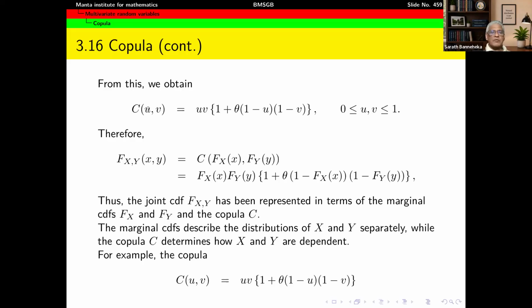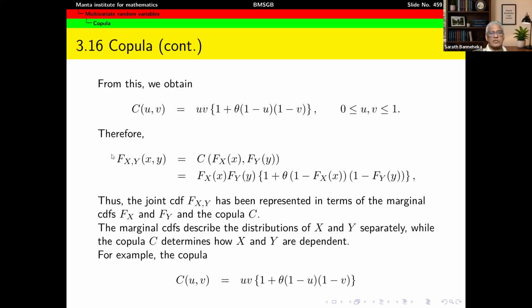Now, for example, u is Fx(x), v is Fy(y). And we know that according to Sklar's theorem, the joint CDF should be equal to this copula, right? So if I substitute u and v by Fx(x) and Fy(y), I get this expression, right?